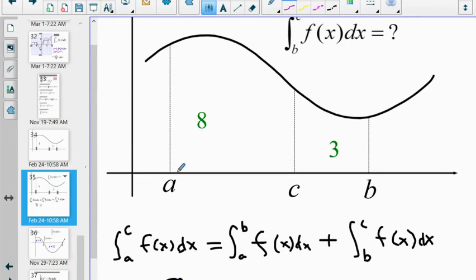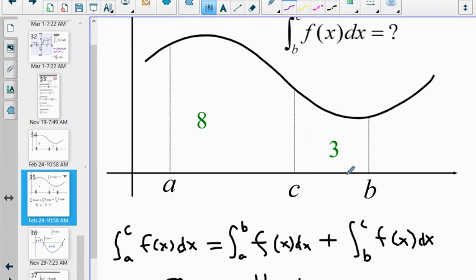The integral from A to B is 11. And here's the question mark. The integral from B to C, well, it's not from C to B. The integral from C to B would be 3.